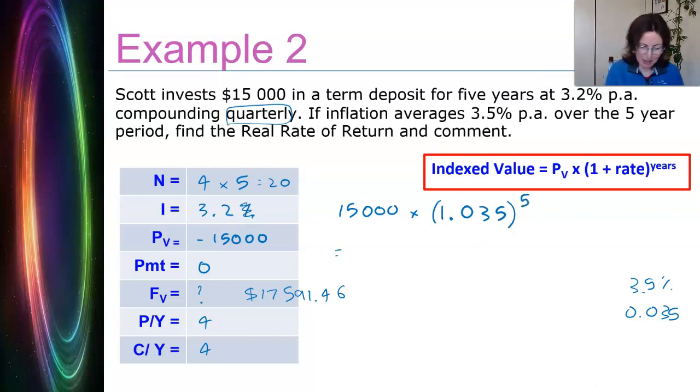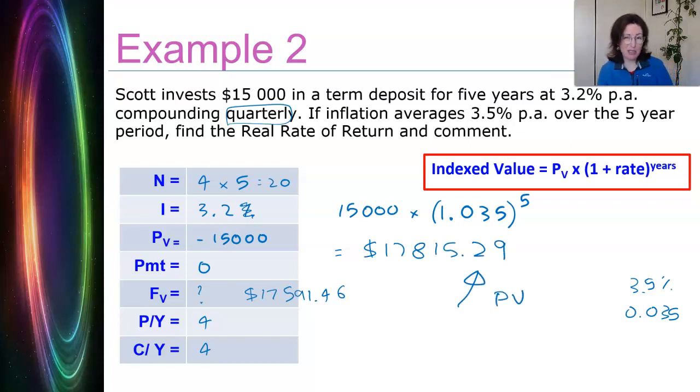And this works out to be $17,815.29. This is our new principal value. Can you already see what's happening though? When we take into account inflation, his $15,000 is really only worth this much. And this is what it should be worth, whereas this is what he's got.